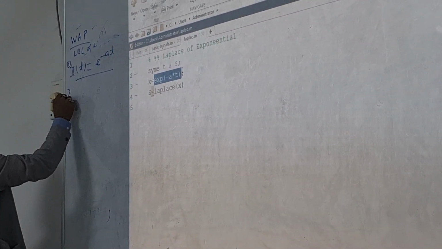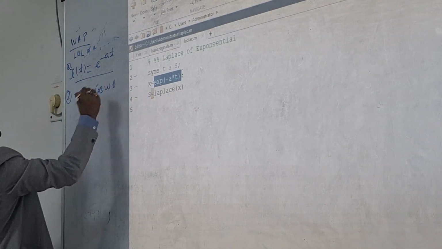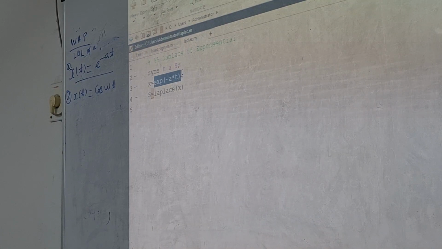Then you write the Laplace transform of the cosine: x(t) equals cos omega t. This is the question. Then you write the MATLAB code of the cosine function, simply changing the script from the exponential one. You write cos, and then the variable w star t, and you add the variable name.